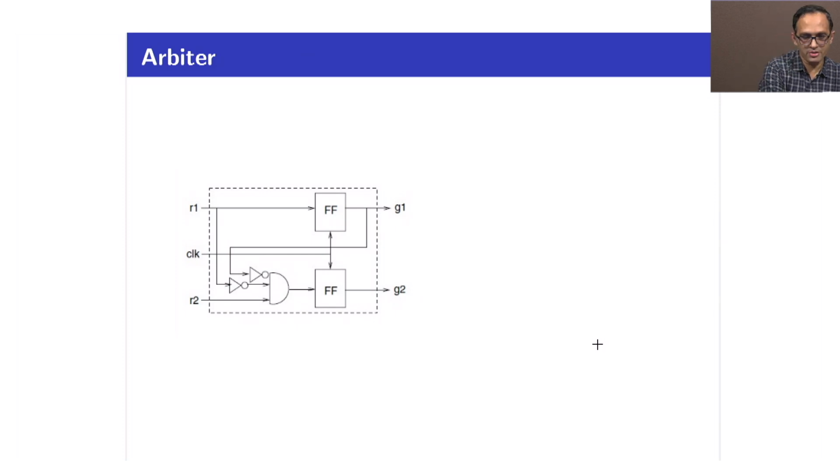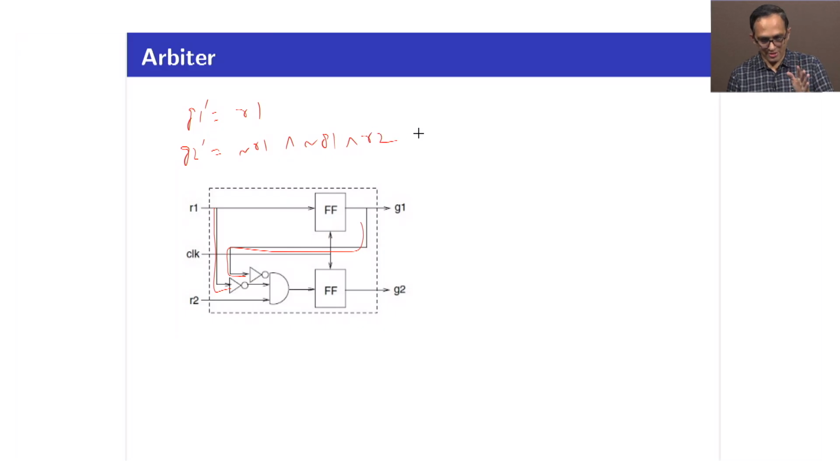So, if we write G1 dash is basically R1 and G2 dash, right, this is the next state, is not of R1 and not of G1, and R2, right.